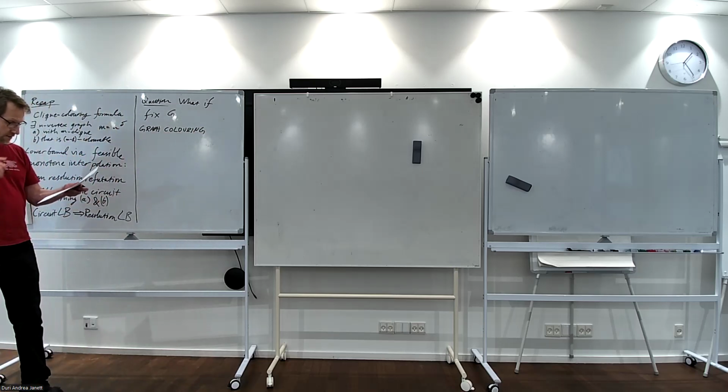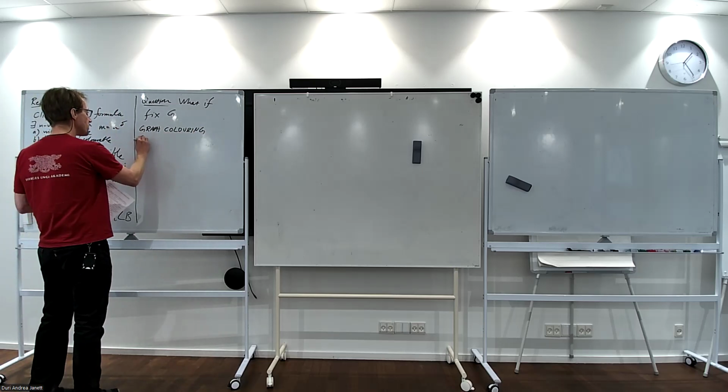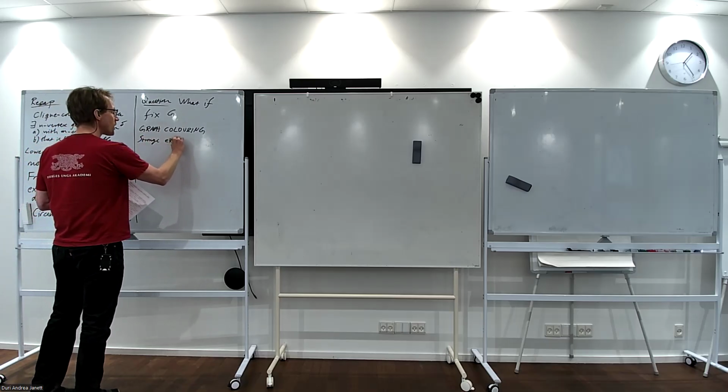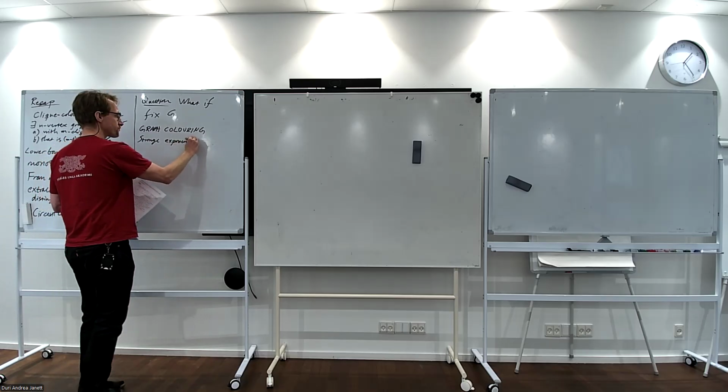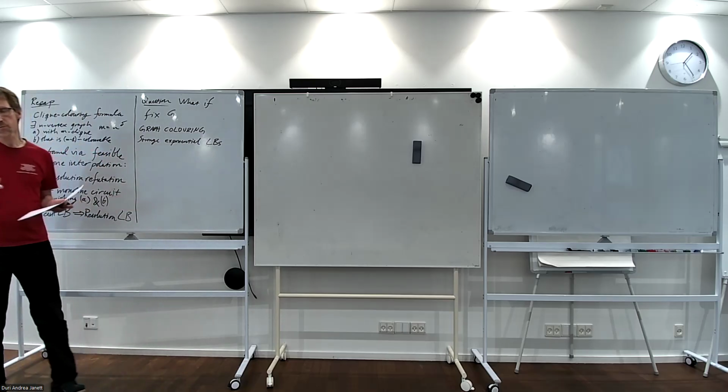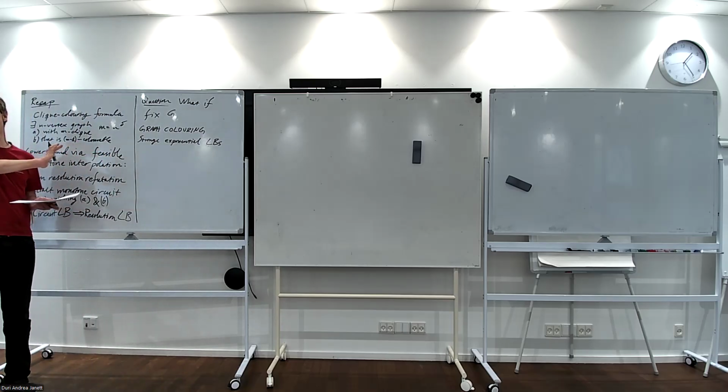So graph coloring, we have strong exponential lower bounds. For resolution, we'll see, in fact, we won't do the resolution lower bound, we will do the polynomial calculus lower bound slightly later in the course.